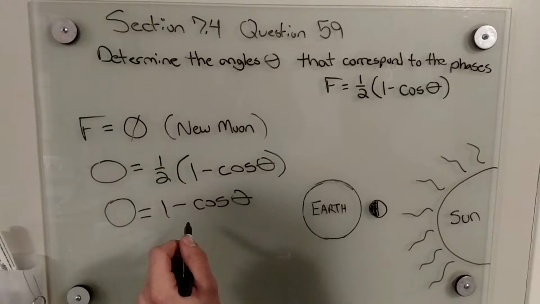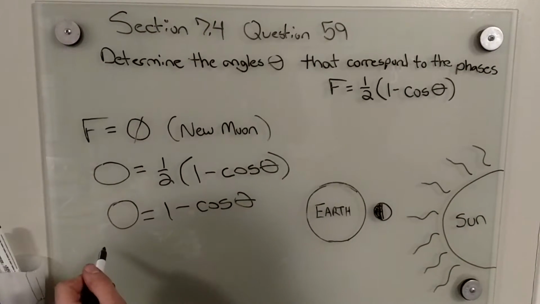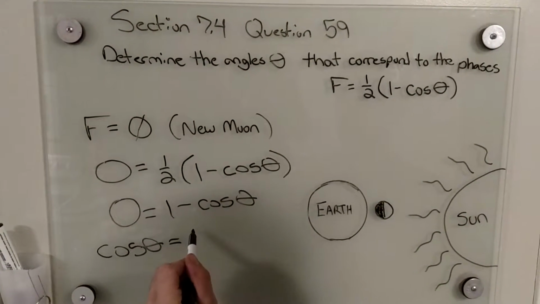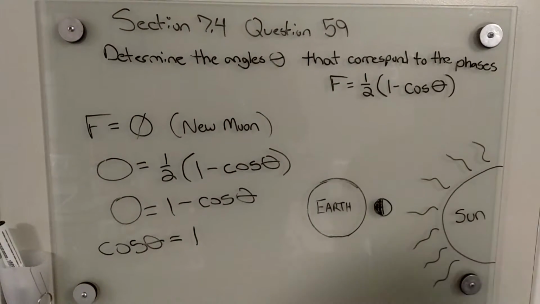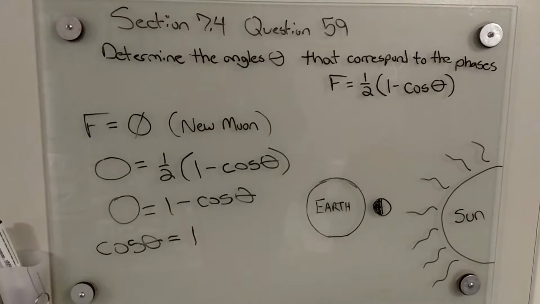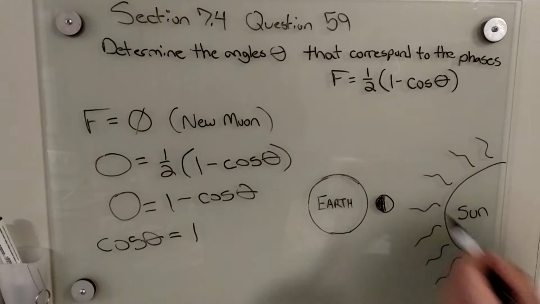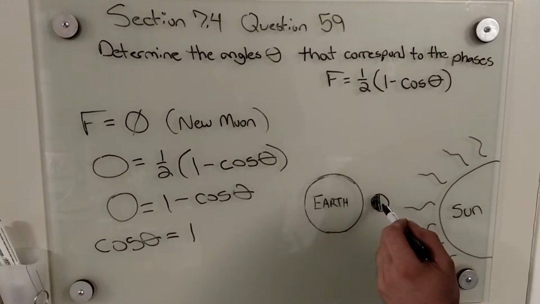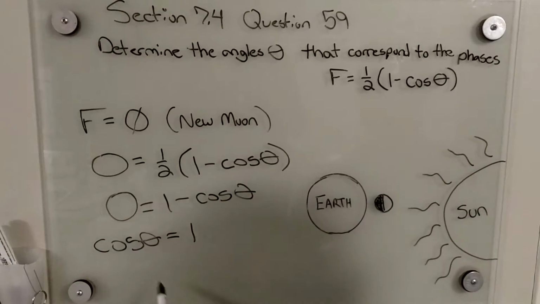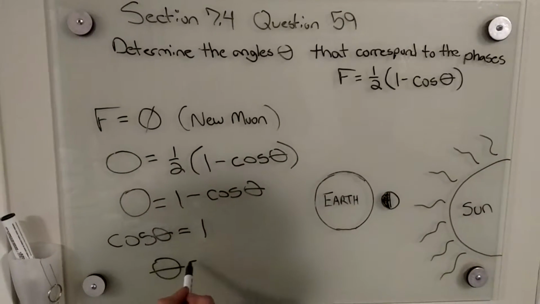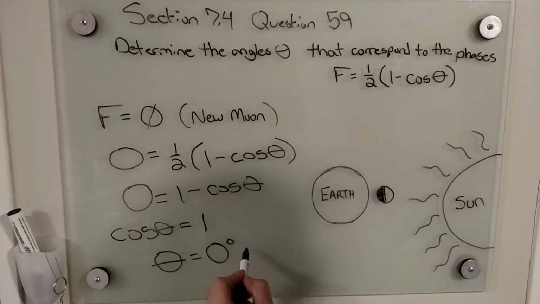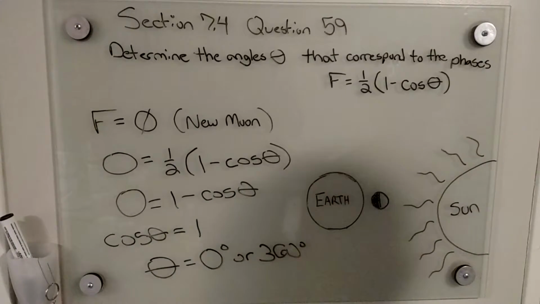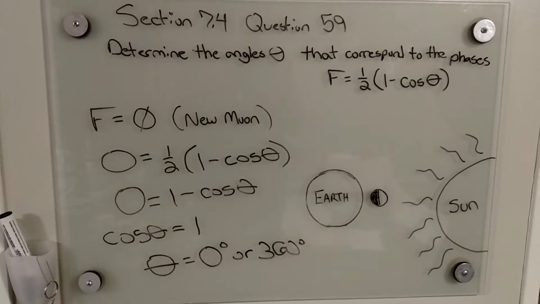And if we add cosine theta to the other side, we just get cosine theta equals 1. And where cosine theta equals 1, if we remember the unit circle, that's the value of x. So x equals 1 when theta is equal to 0 degrees or 360 degrees. So that's our first phase right there.